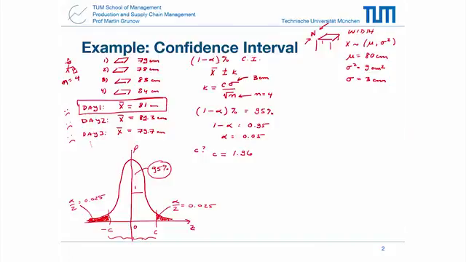So we can now finish constructing our 95% confidence interval for the mean. Using our day 1 value, it is going to be x bar plus or minus k. And this is going to be then 81 centimeters plus or minus 1.96 times 3 over the square root of 4. Can you read that? 1.96 times 3 over the square root of 4.